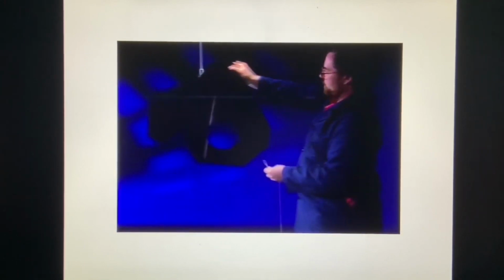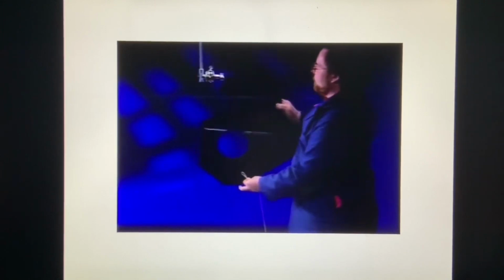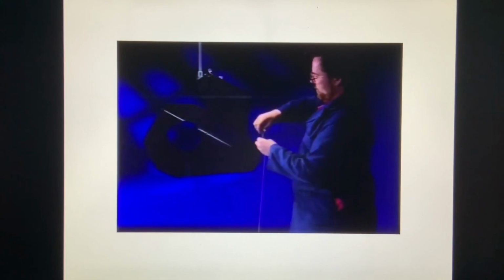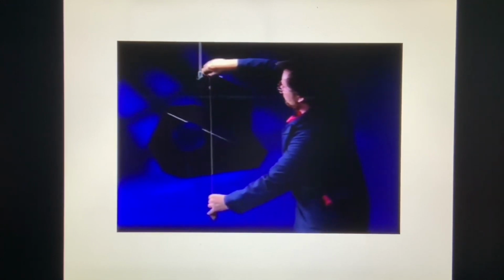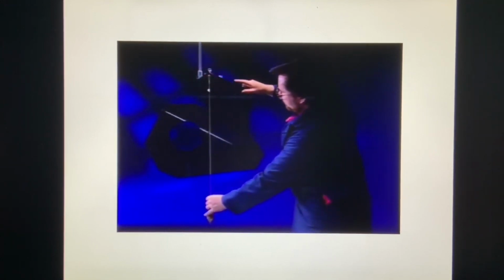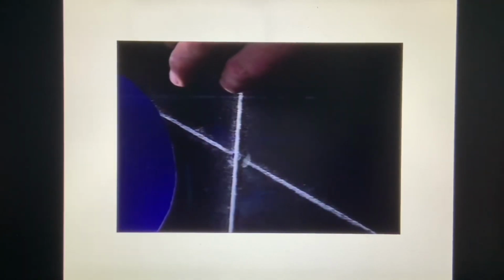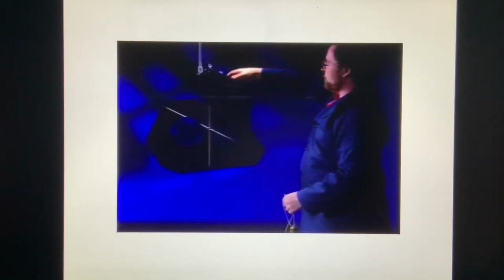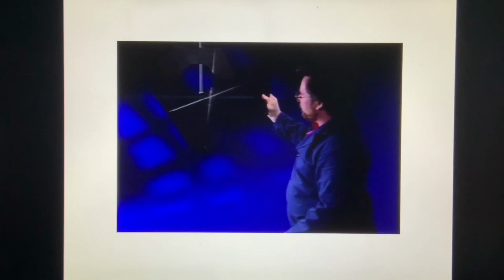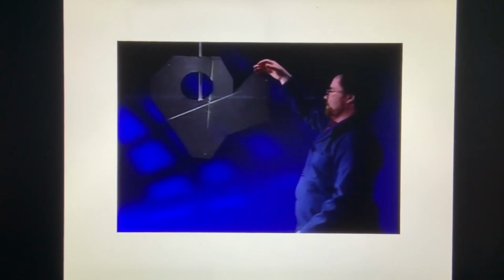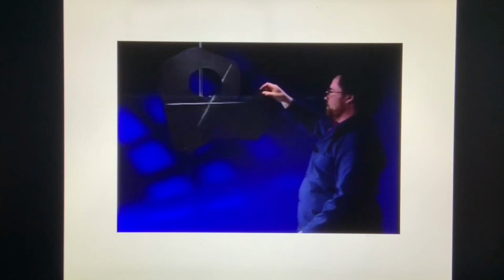Then we repeat the same action from another point of support. Since the center of mass must be located on both these lines, it must be at their intersection. If we suspend the sheet from the intersection point, it is stable in any orientation.